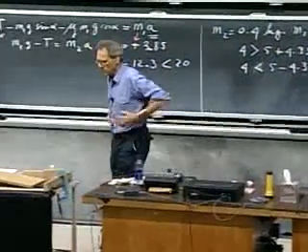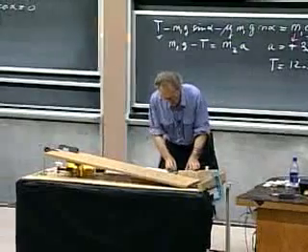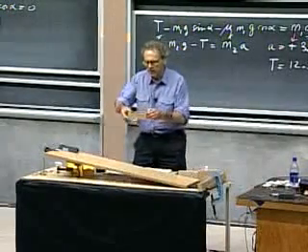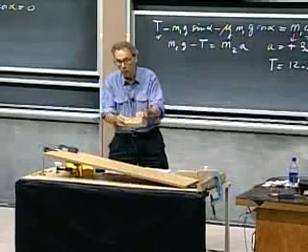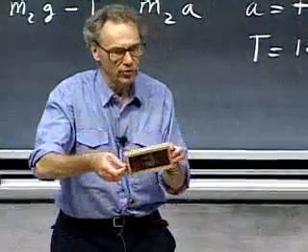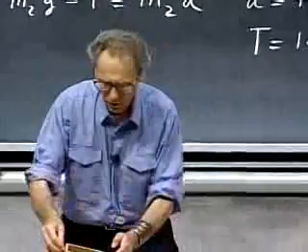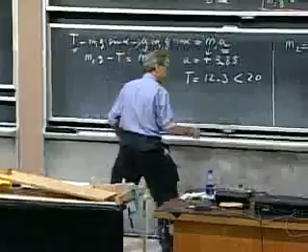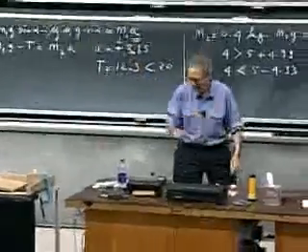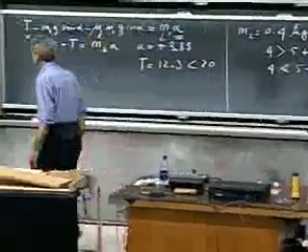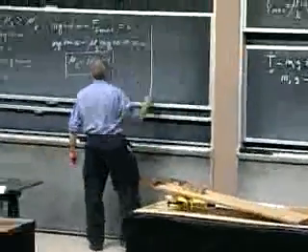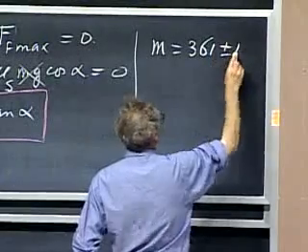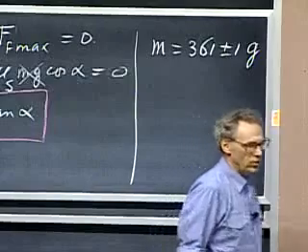The object that I use for that is this box. In this box is a little weight. That's not very important. It makes the whole thing 361 grams. So I want you to know that the weight of this object is 361 grams. I'll write it down for you here. So the mass of the object is 361. I'm sure that the uncertainty is at least 1 gram.